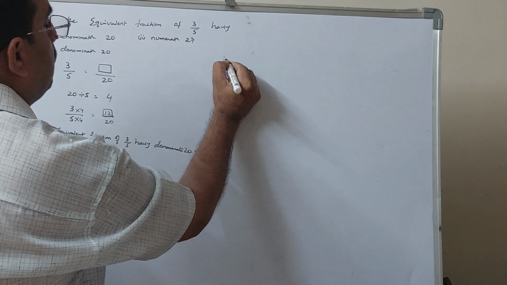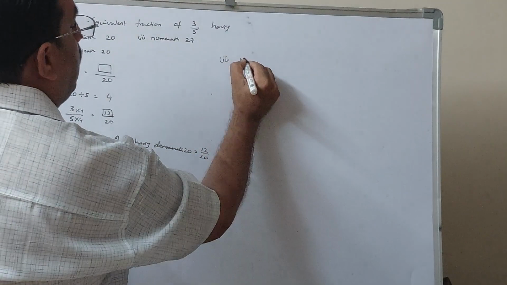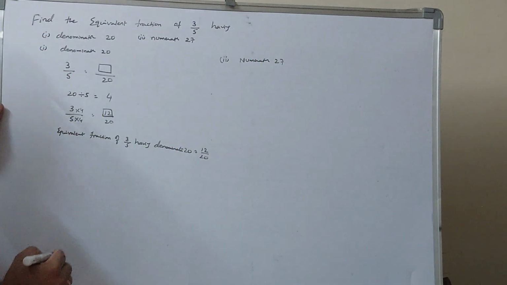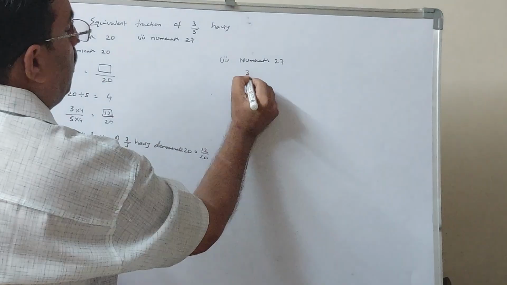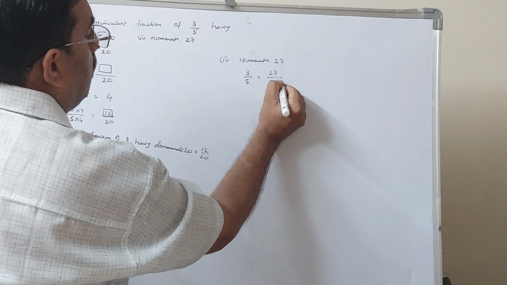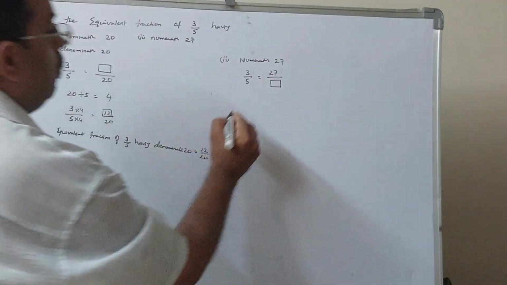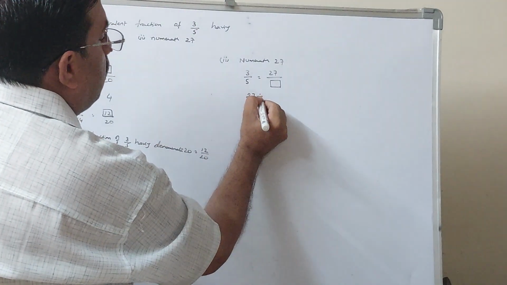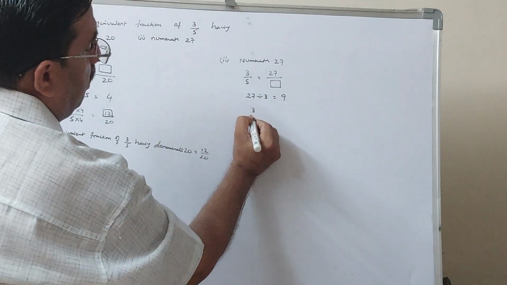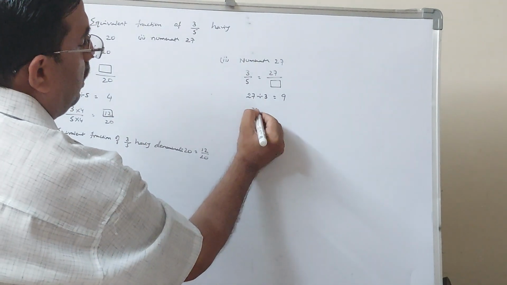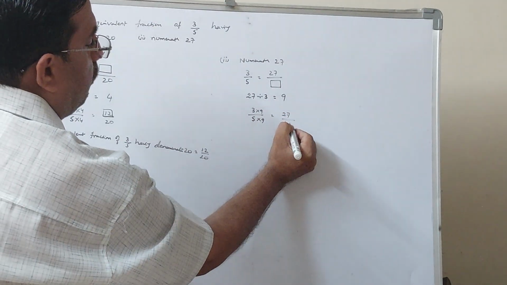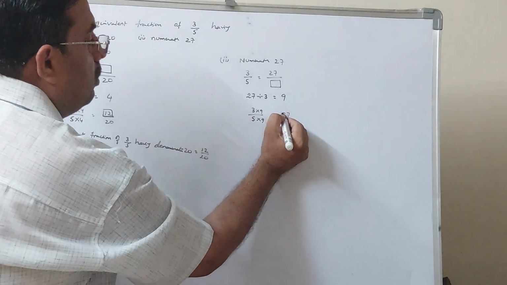Similarly, this one, numerator 27. Numerator 27 means 3 by 5 is equal to 27 by something; here you have to get this value. So divide 27 by 3, what is it? 3 9s are 27. So 3 by 5 into 9: 3 9s are 27, by 5 9s are 45. So this is the value.